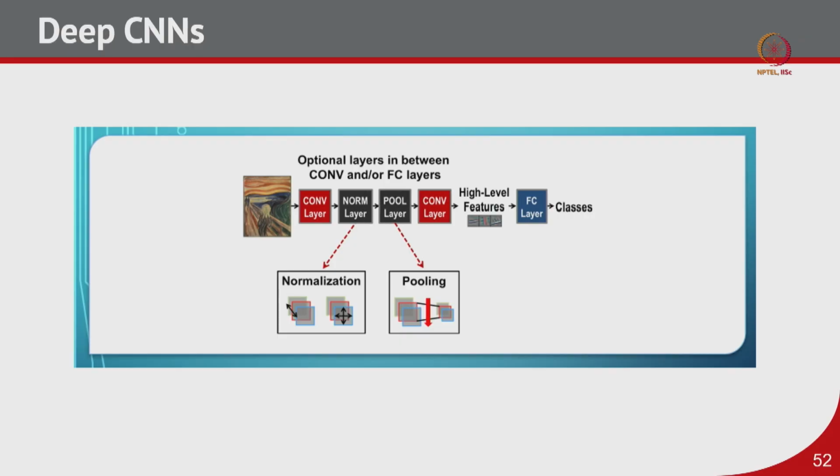Remember, each convolutional layer has convolution followed by nonlinear activation. As we already discussed, the first few layers capture the low level features like edges, intensity, brightness, etc., and the later layers capture the high level features. After that we have the fully connected layers which classify the input images into classes.